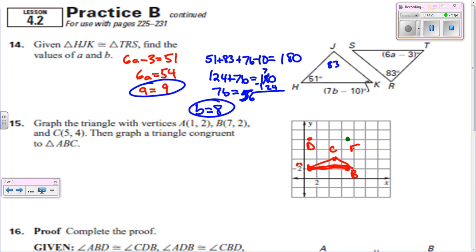D, E, and then it was over 2 from here and up 2. So let's go over 2 and up 2. That makes D, E, F. So it's pretty simple to graph a congruent triangle.